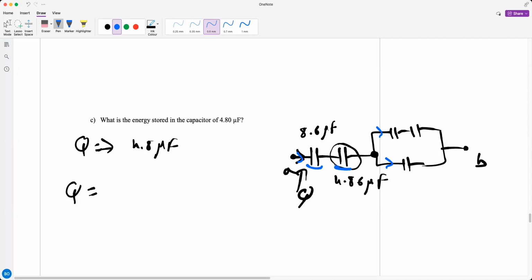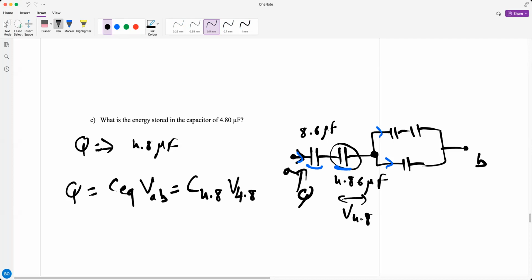So the total charge is equal to the equivalent capacitor times the potential difference across AB. It is also equal to the capacitance 4.8 times the potential difference across 4.8.